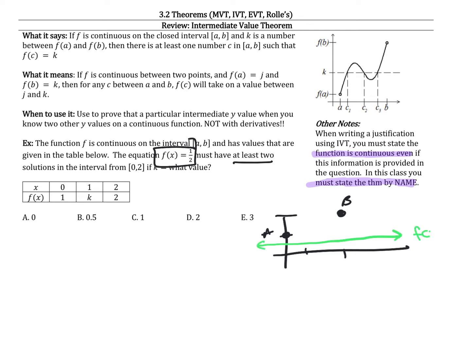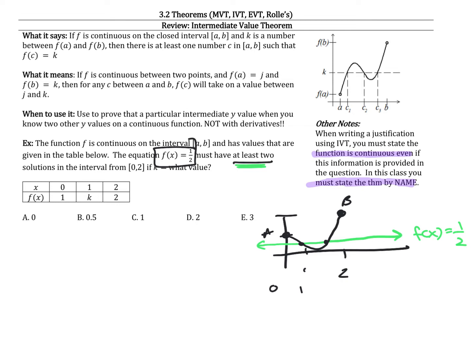This is f of x equals 1/2. In order to have at least 2 solutions, this graph is going to have to cross at least 2 times, which means it's going to have to go below 1/2 between 0 and 1, and it's going to have to cross 1/2 between 1 and 2.